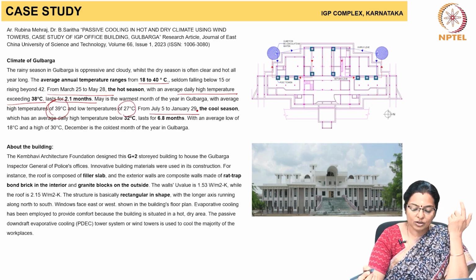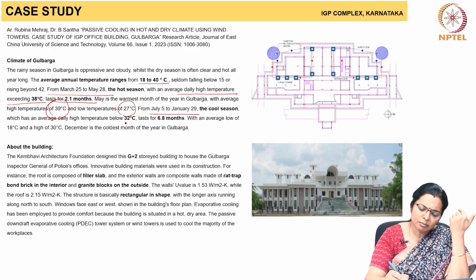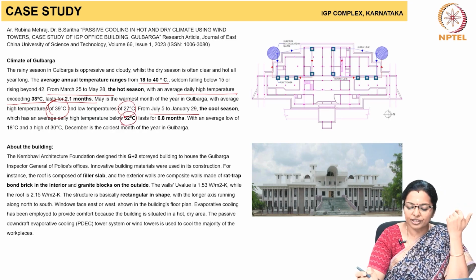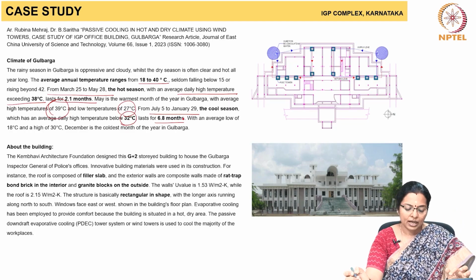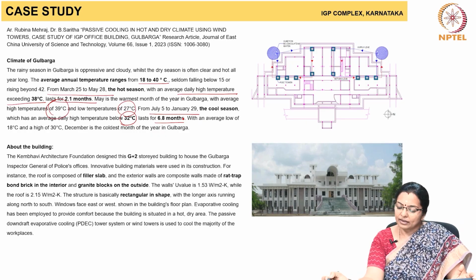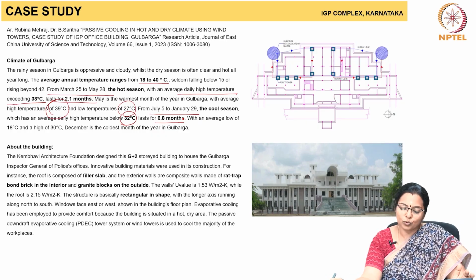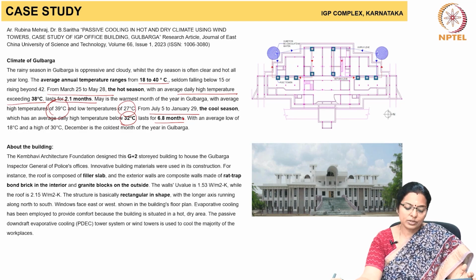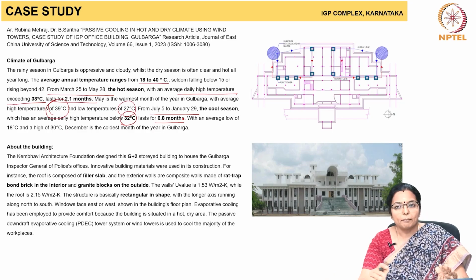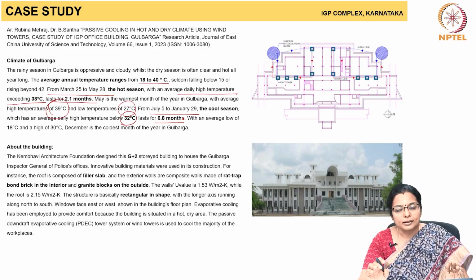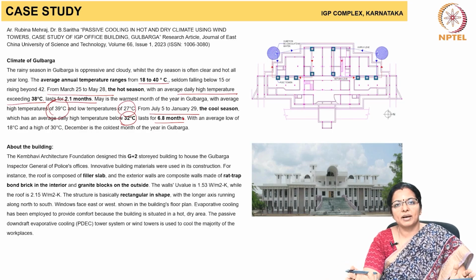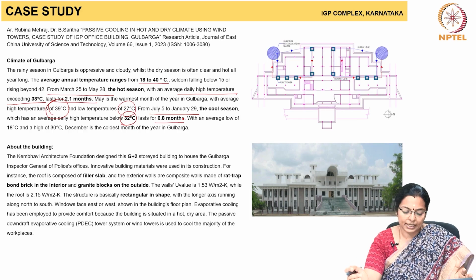July to January is a cool season, but still the average temperature is 32 degrees centigrade and lasts about 7 months. If we look at the building, the IGP building is a ground plus 2-storied structure to house the Gulbarga IGP's office. There are many other simple and advanced passive techniques used in this building.